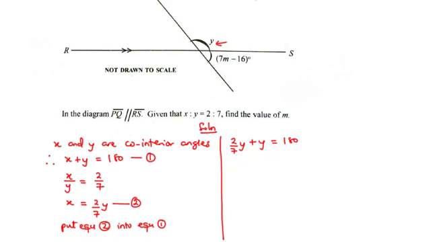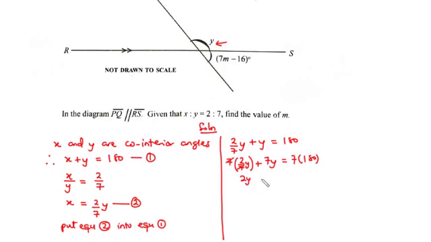At this point, we can multiply each term by 7, the denominator, to do away with the fraction. So we are going to have 7 times 2 over 7 y plus 7 times y equals 7 times 180, and the 7 cancels out the 7.